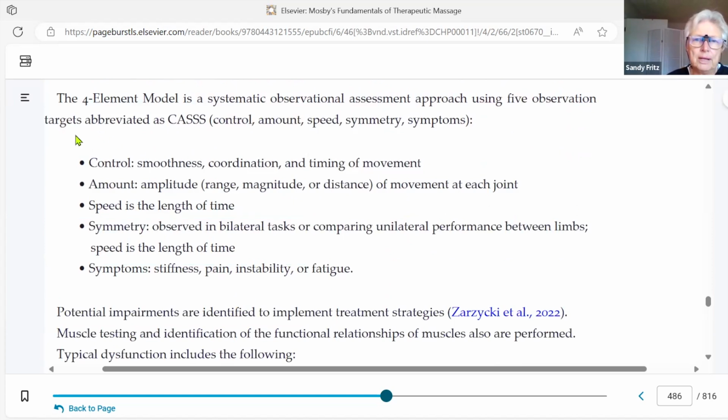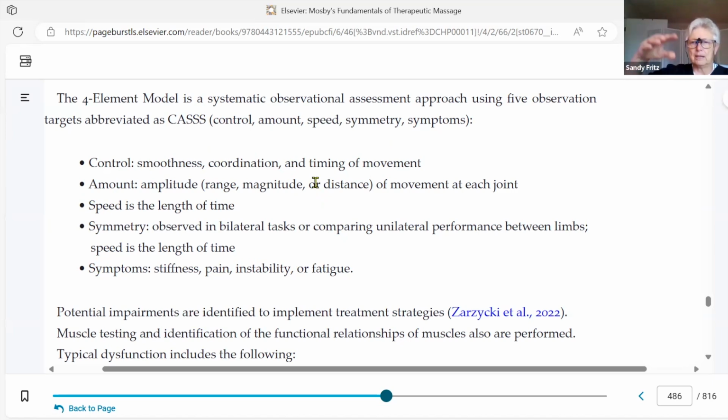So when we are observing for this and assessing for this, what we're looking for is control, amount, speed, symmetry, and symptoms. And then it gives you the bullet points here. So control means it's smooth and coordinated and the timing is right. The amount is how big is the muscle contraction, for example?